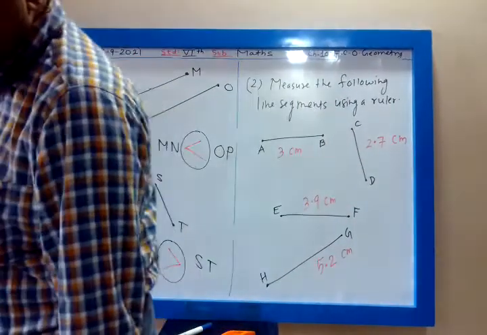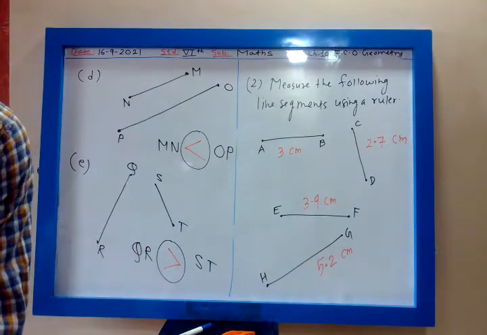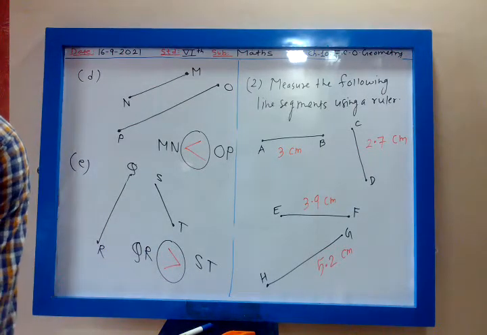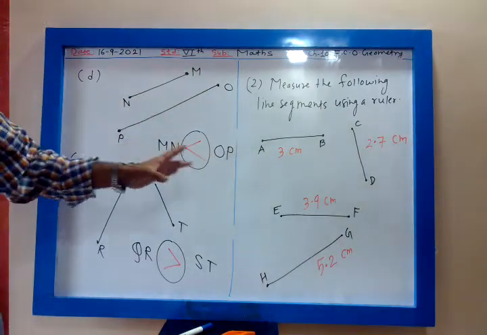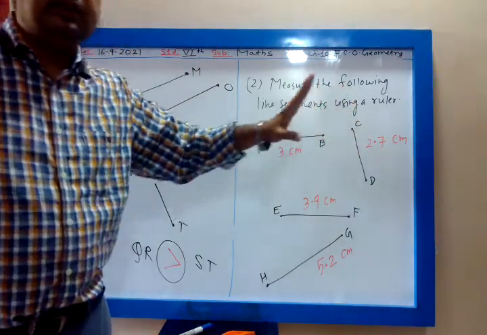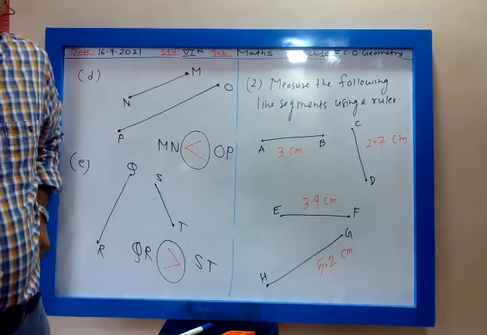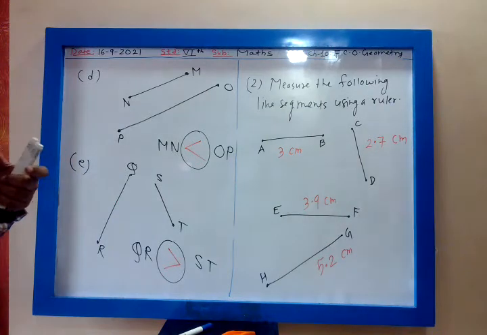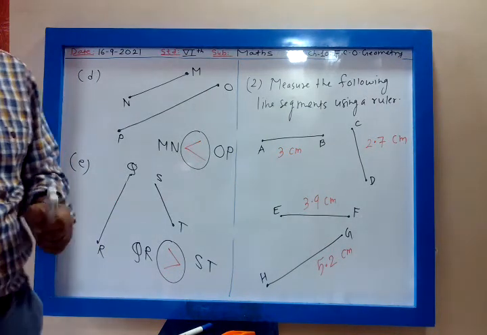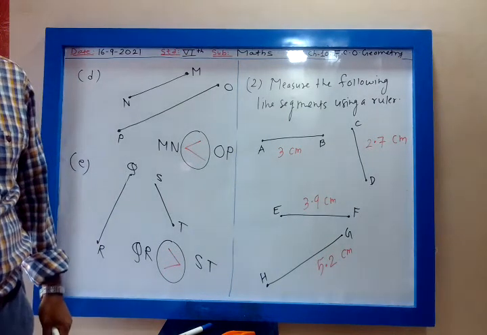Even if your answer is close, suppose you have written 2.9, I will accept it. You have written 2.6, I will accept it. So that error is adjustable. We can adjust that error. Okay.